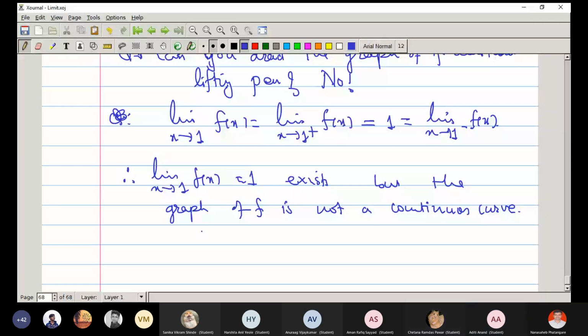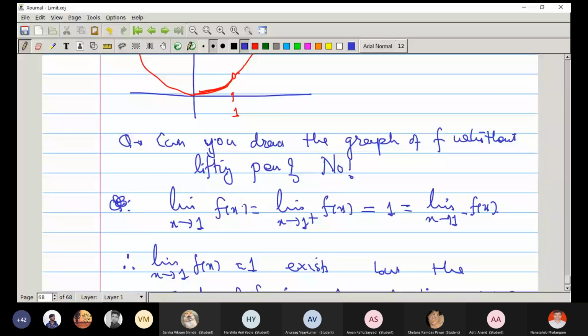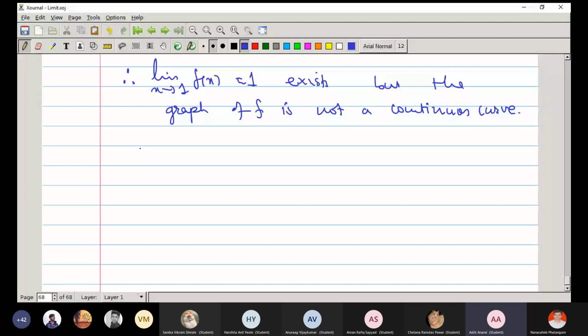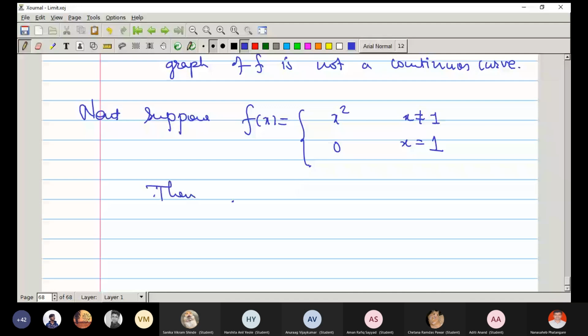So why is there a problem? The function is not defined at 1, correct? Next, suppose I define the function f of x equal to x square if x is not equal to 1 and 0 if x is equal to 1. Now it is defined at 1 also. Then the limit as x tends to 1 of f of x is 1, that's fine.